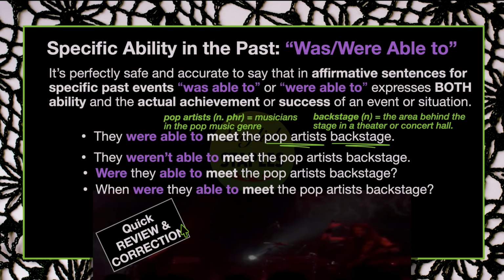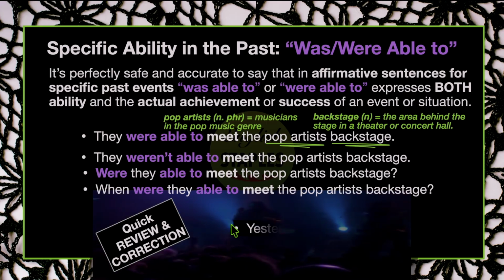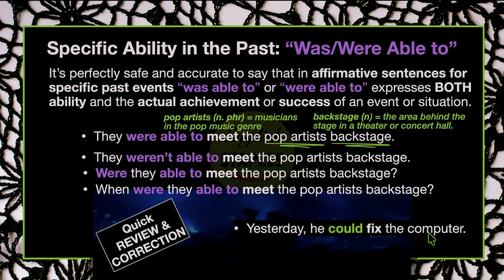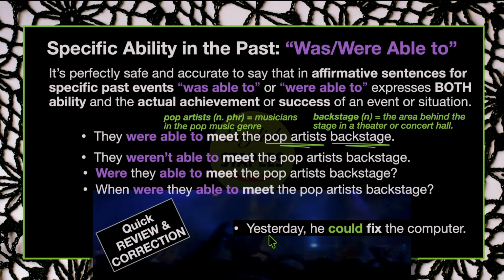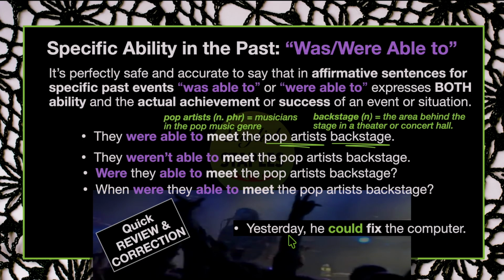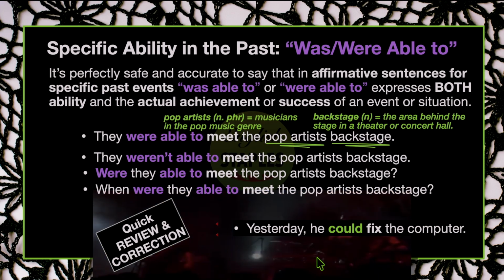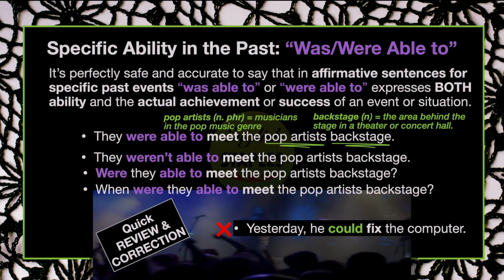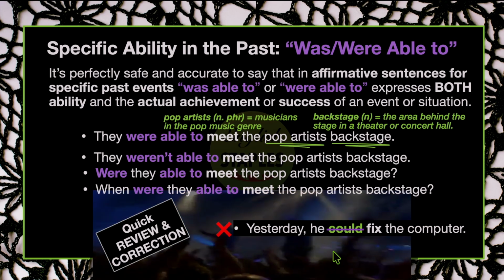Okay, let's do a quick review and corrections here. So remember we talked about the computer repairman? Well, the sentence that we had there that didn't work was yesterday he could fix the computer. So that sentence is still wrong. So how can we fix it?